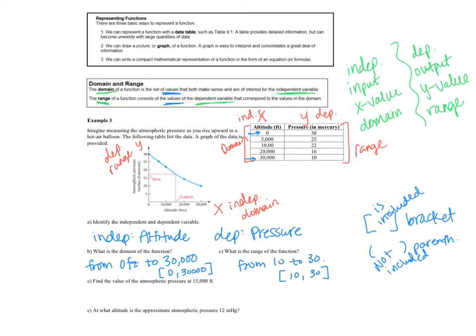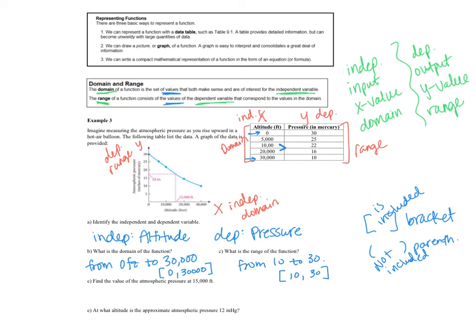It says, find the value of the atmospheric pressure at 15,000 feet. I can do one of two things. I can look at my table and estimate a little bit. I know that at 15,000, I'm going to be somewhere between 16 and 22.